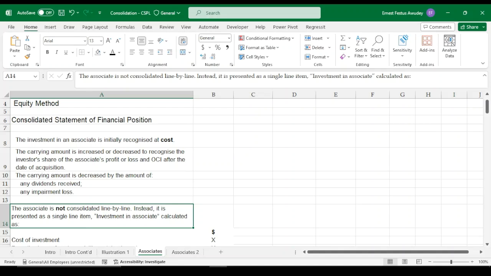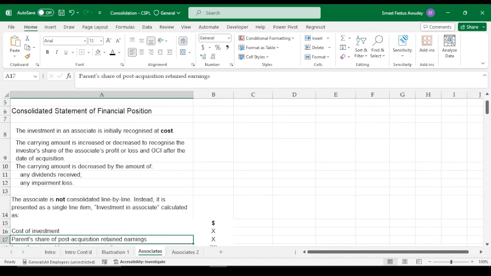And then in the consolidated statement of profit or loss, you have a single line item called share of profit of associates. That is what you will have in the consolidated statement of profit or loss.